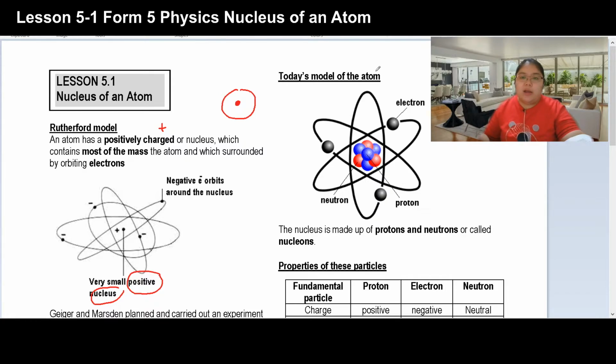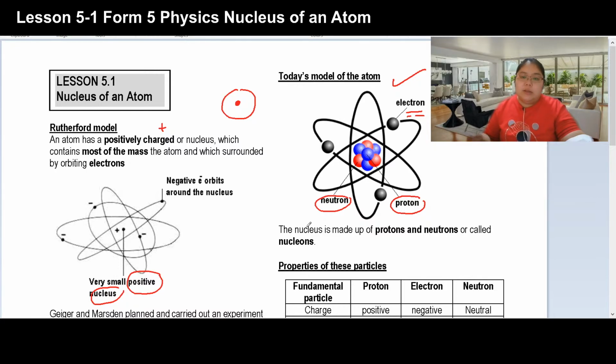What we need to know today is the model of the atom. In the center there is the nucleus. Inside the nucleus we have neutron, then proton. Then in the orbit surrounding it we have electron. So this is what we learned today, the model of the atom.